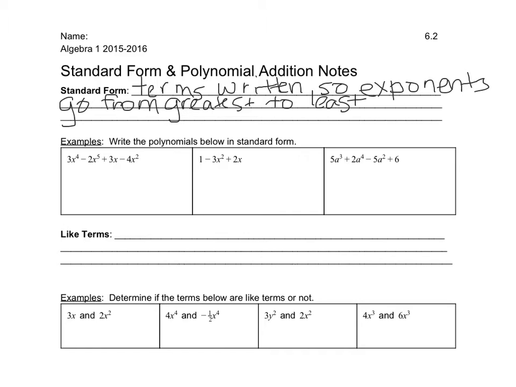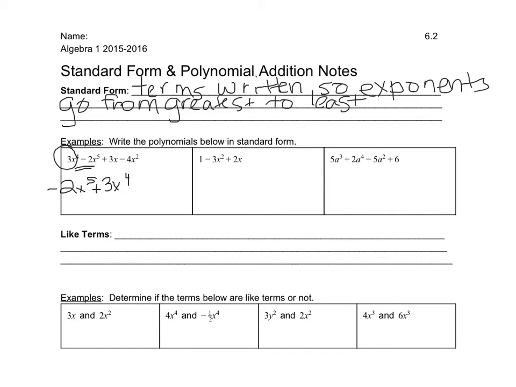So if we do these examples here, the first one is 3x to the fourth minus 2x to the fifth plus 3x minus 4x squared. And the highest exponent that we have is this x to the fifth. So we're going to take that whole term and write it first. So that's going to be minus 2x to the fifth. Then our next highest exponent is this 3x to the fourth. So we're going to do plus 3x to the fourth.